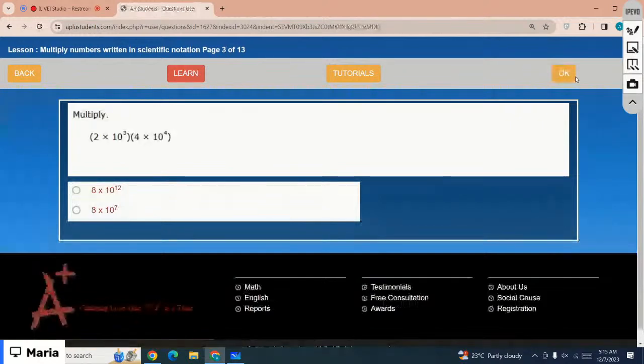Okay, the next one is multiply 2 times 10 exponent 3 and 4 times 10 exponent 4. So multiply and write the answer in the chat box, which is the correct option.